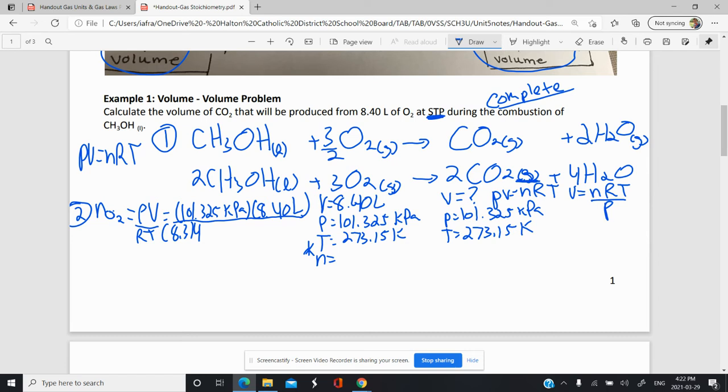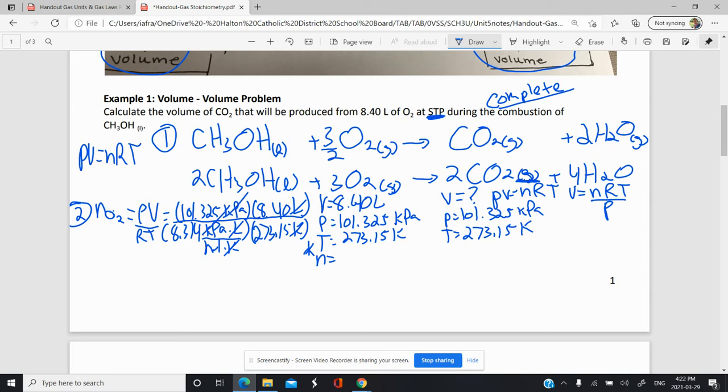And then we can put our complex unit there. So kPa liters over mole Kelvin times the temperature, which is 273.15 Kelvin. And so notice Kelvin and Kelvin cancel out, liter and liter cancel out, kPa and kPa cancel out, and we're left with moles in the end.